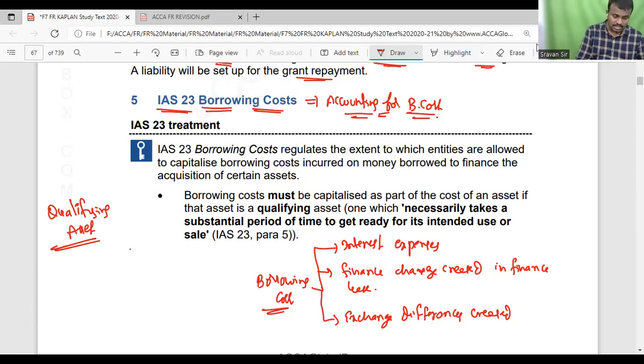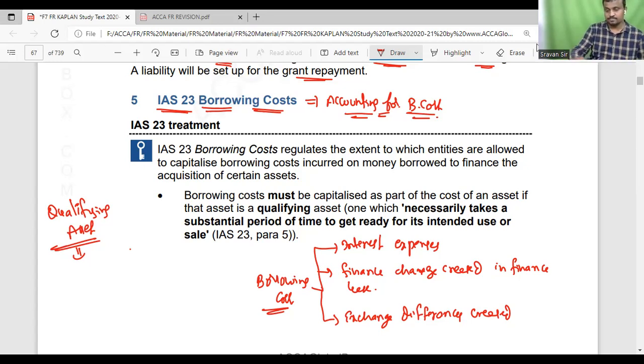What is meant by qualifying asset? A qualifying asset is an asset which takes a substantial period of time to get ready for its intended use or for sale.